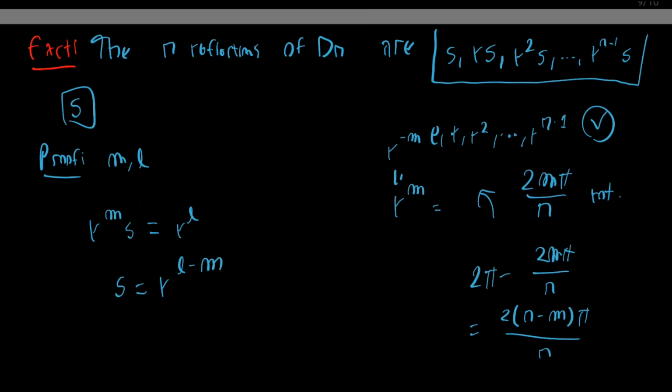So this is a contradiction with what we know about the elements of Dn, and so we must deduce that all of these are distinct reflections. So these are n symmetries, from which we conclude that these are the expressions for all the n reflections of Dn.